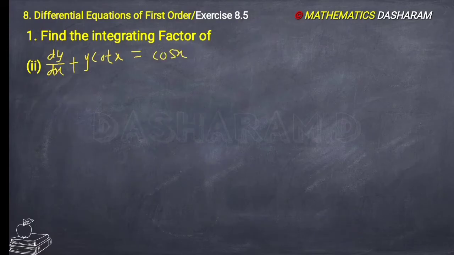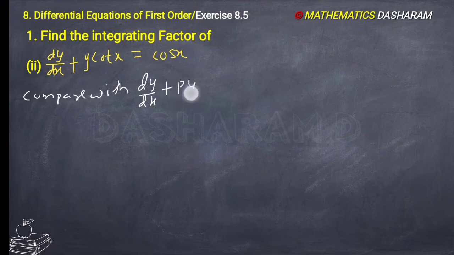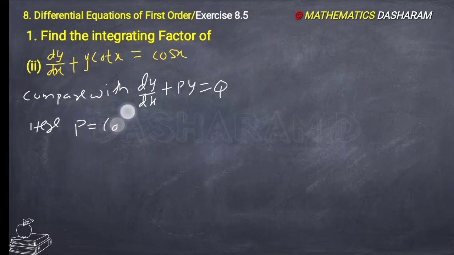Second question, dy/dx + y cot x = cos x. Let's compare with the standard form dy/dx + P y = Q. Here the P value is cot x and the Q value is cos x.